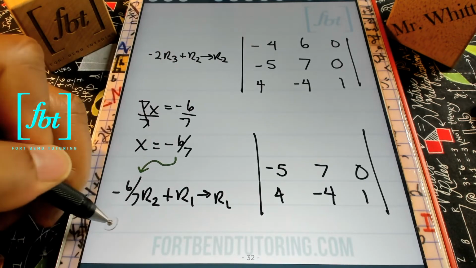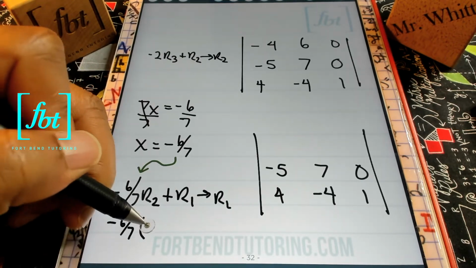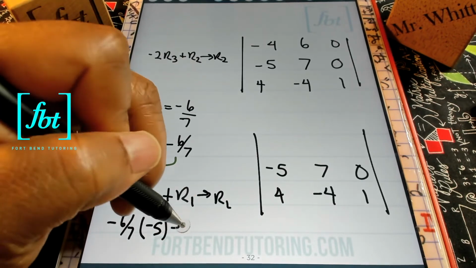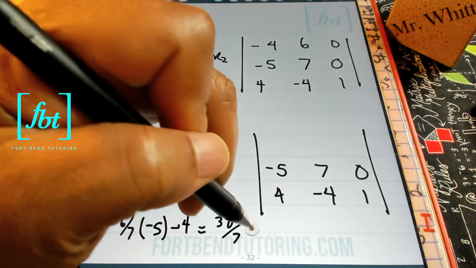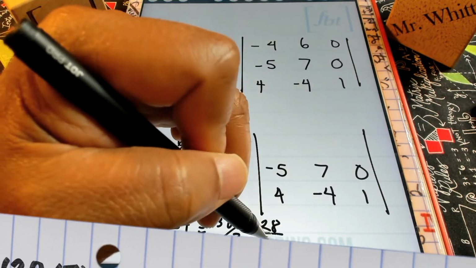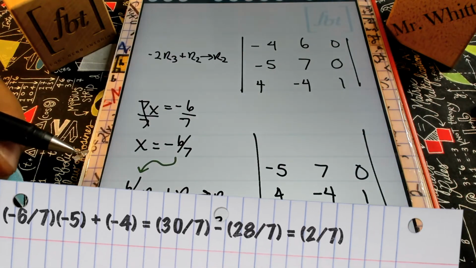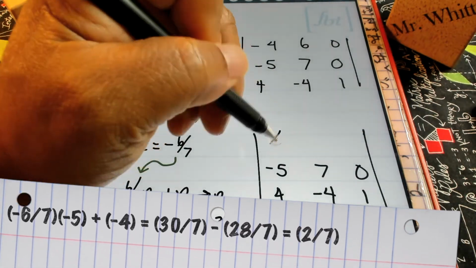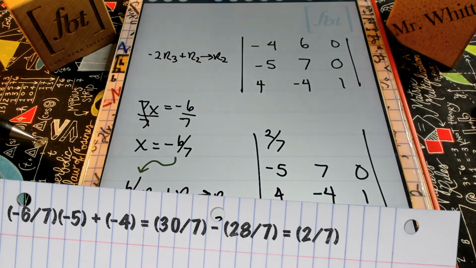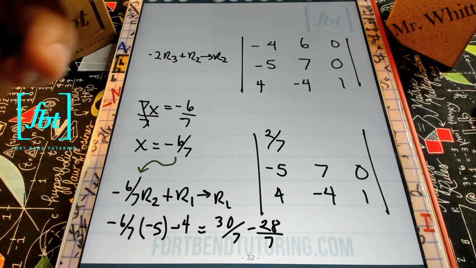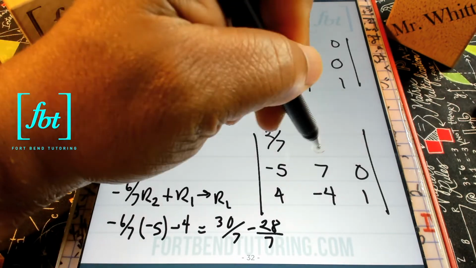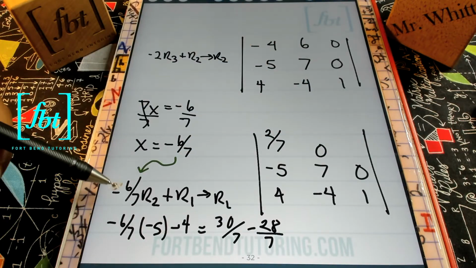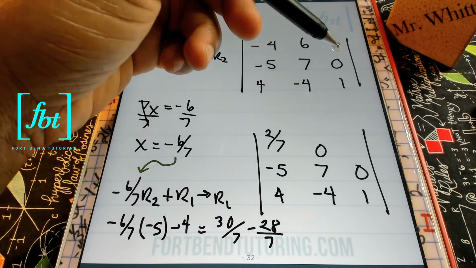So we'll show that here by having negative 6/7 times negative 5 minus 4, which will equal 30/7 minus 28/7. Combining that, you end up with positive 2/7, people, just like that. Then multiplying negative 6/7 times 7, that gives you negative 6. And then negative 6 plus 6 is 0. And then negative 6/7 times 0, it's 0. And 0 plus 0 is 0.